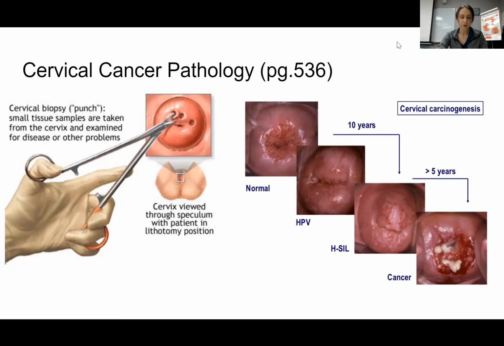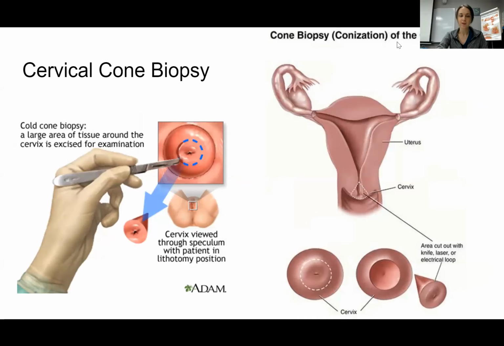So once we know the answer with that punch biopsy, they could escalate and go to this cone biopsy. Another option is they did the colposcope. They understand where the cancer is and how involved it is, and they know they're going to take out a whole cone, as they call it.